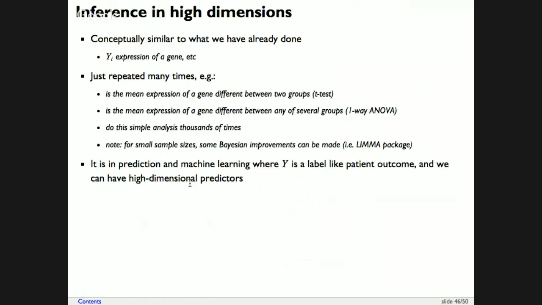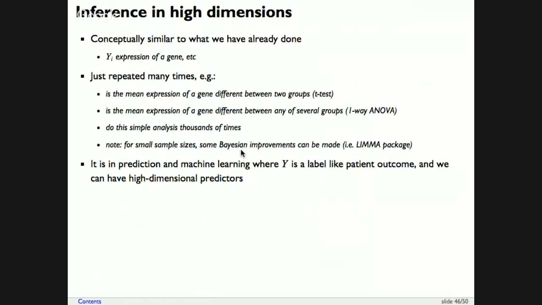And typically Y would be gene expression or some other continuous measure, microbial abundance, something that is a numeric measure, and X would be your groups, your experimental factors, etc. And that's all there is to it, with a note that for small sample sizes, some Bayesian improvements can be made. This is what the limma package does, DESeq2 does it, but it really only makes a difference for small samples. For larger samples, you can just do it one at a time.